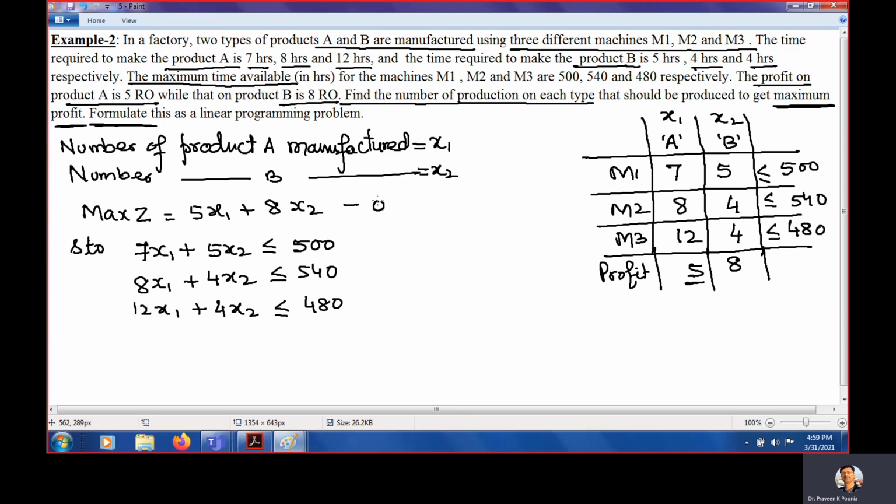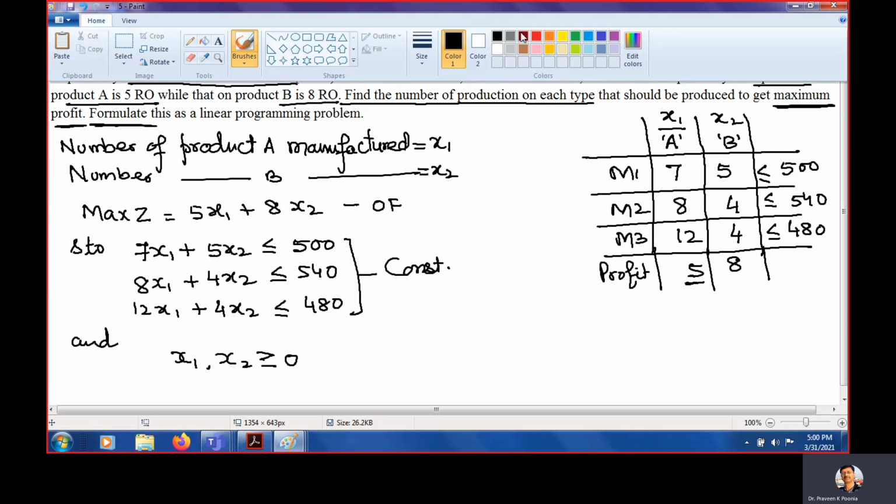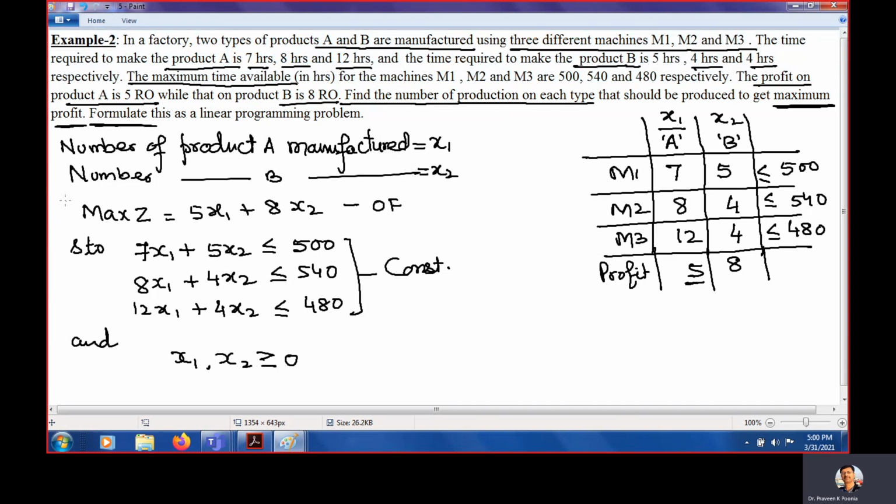These three are the constraints, and the last one is whether we will manufacture the product A or we will not. So x1 and x2 are greater than or equal to 0. So dear friends, from here to here, this is the mathematical formulation of this problem.